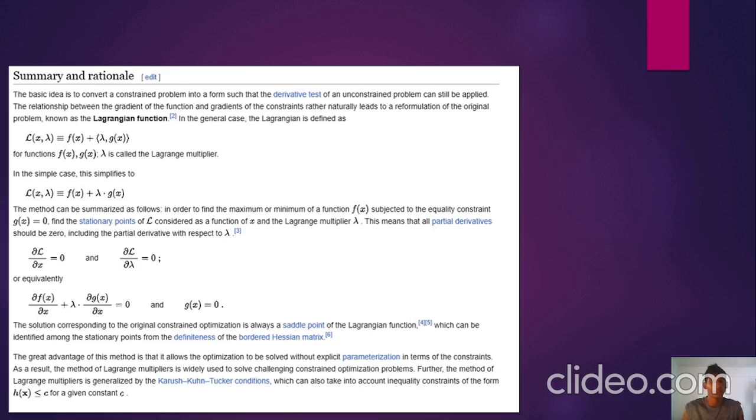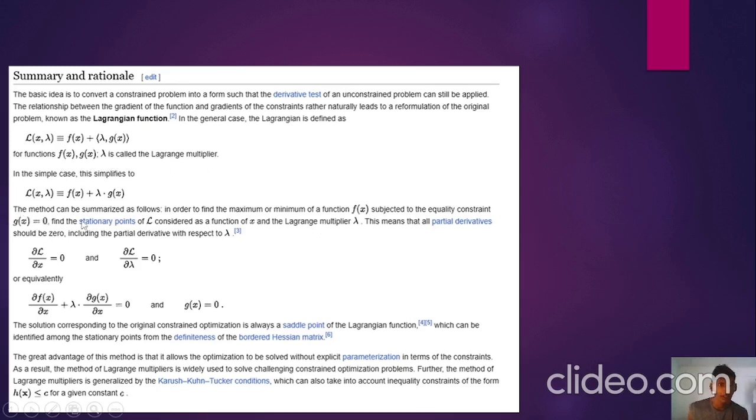In the general case, the function is defined as L of x and lambda is equal to f of x plus lambda g of x, where lambda is called the Lagrange multiplier.